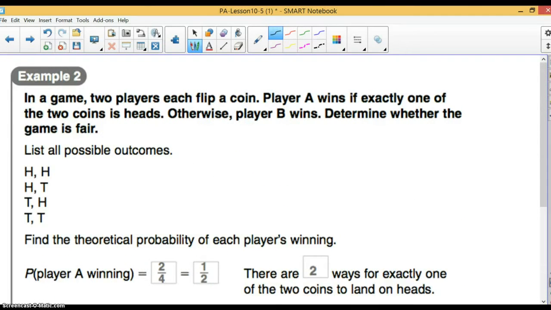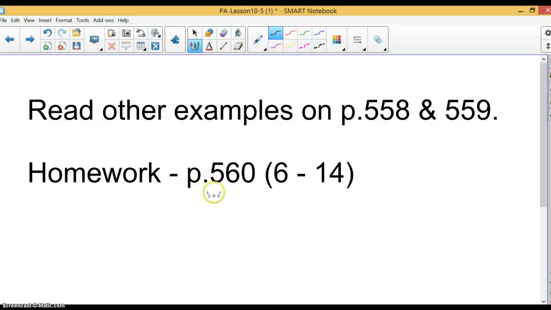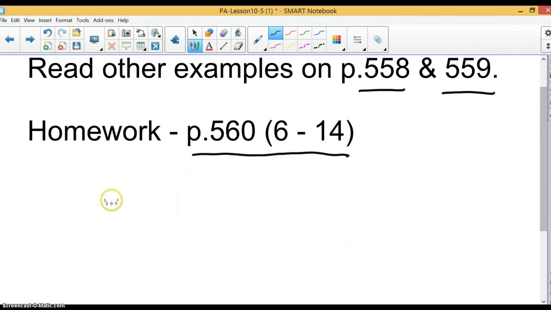Now, tonight's homework is page 560, 6 through 14. In your textbook, there are also problems on page 558 and 559 that are further examples that help you out. And just to recap, there are two things. First, set up a proportion.